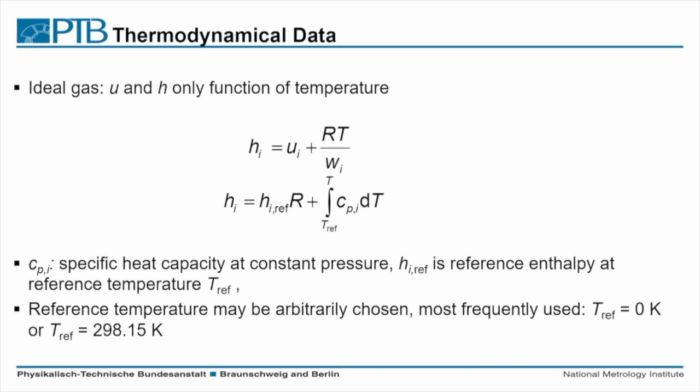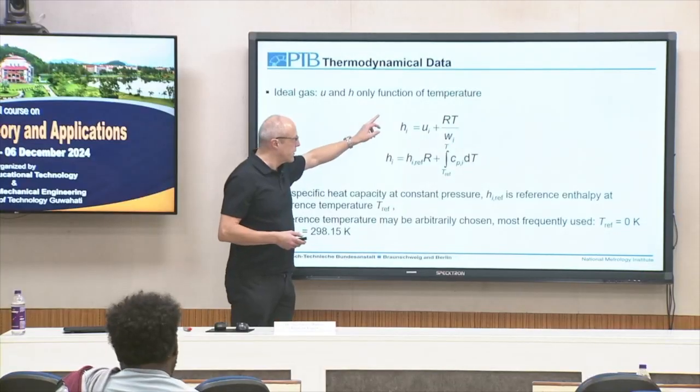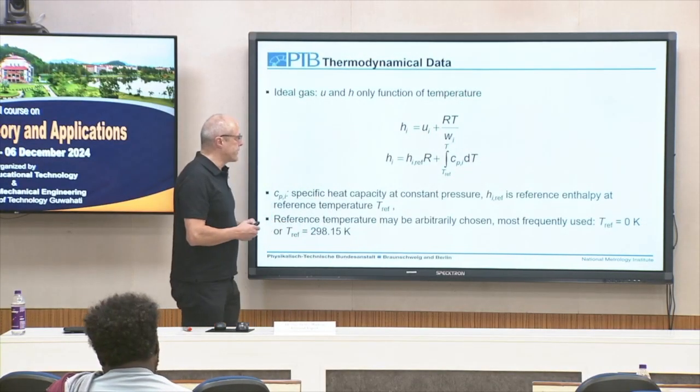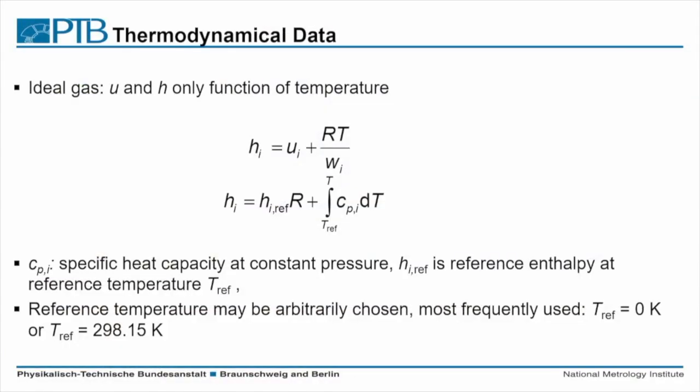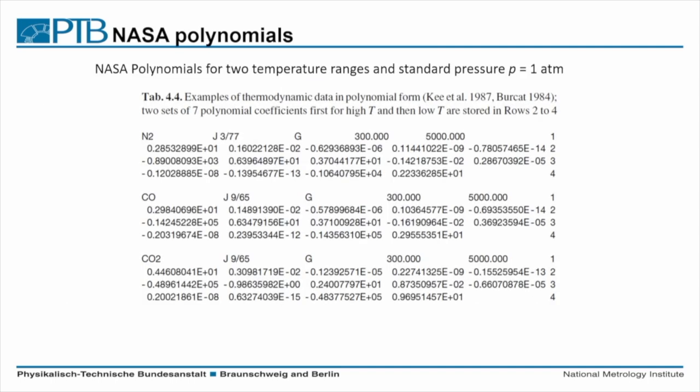For an ideal gas, the internal energy and the enthalpy are only a function of temperature. So this is what we have seen on the last slide. We can calculate these quantities if we know the quantity at the reference pressure and reference temperature, and this is normally 298.15 Kelvin.